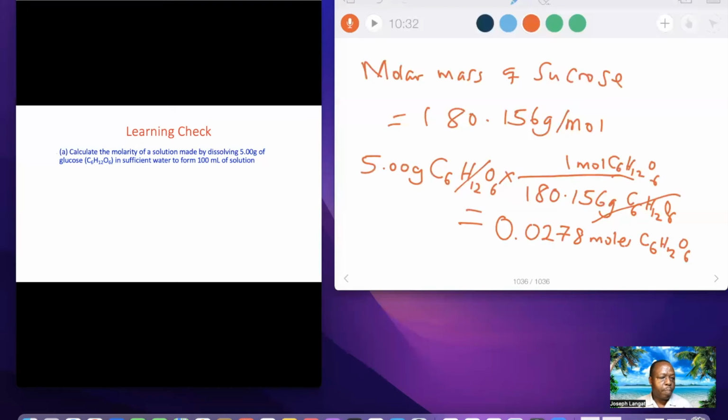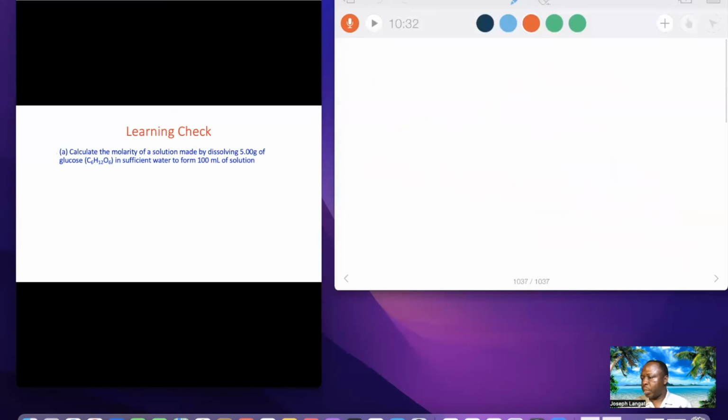These are the number of moles. Remember to change the volume. 100 mL times 1 liter over 1,000 mL. I'm doing the conversion, so this will be 0.1 liter.